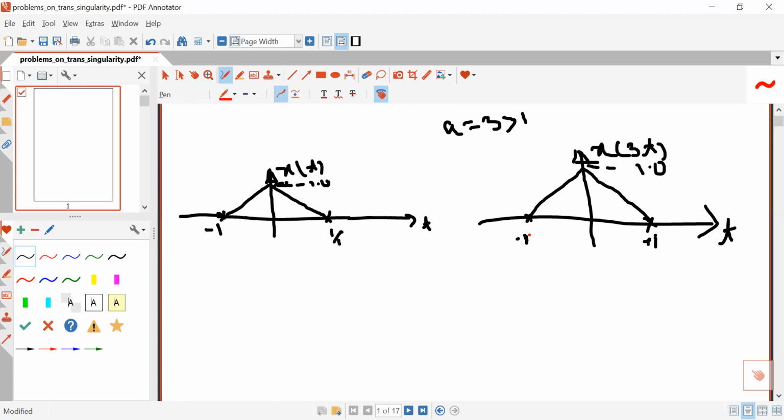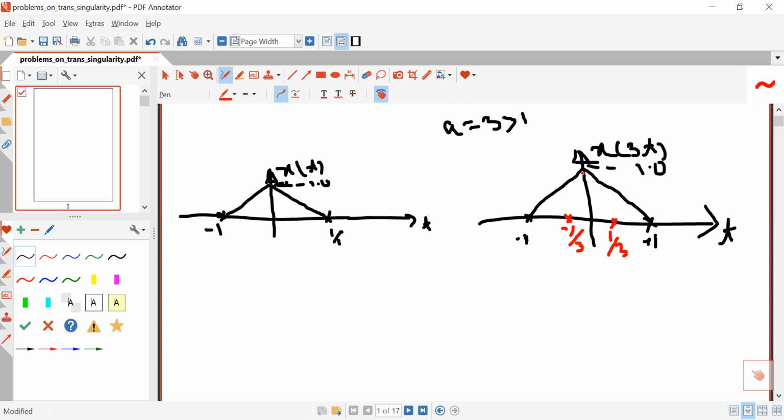Now, what will be the compressed signal? The coordinates for the compressed signal will be 1/a, here a is 3, so 1/3, and -1/3. But the amplitude of the signal will be the same, because this is time scaling, not amplitude scaling.